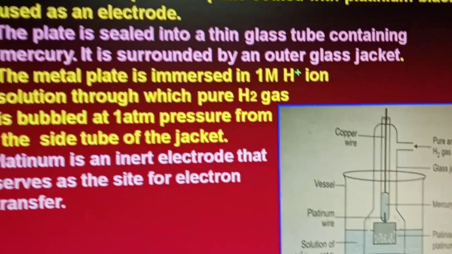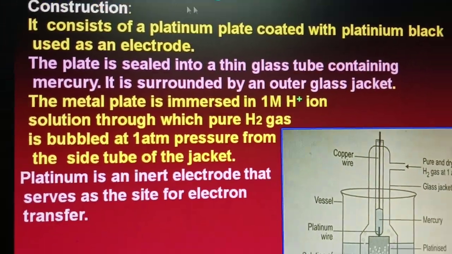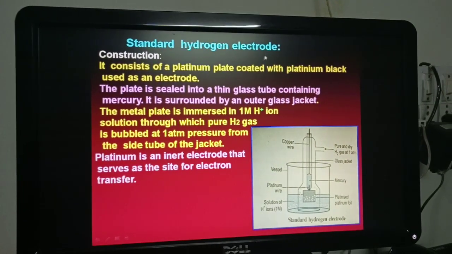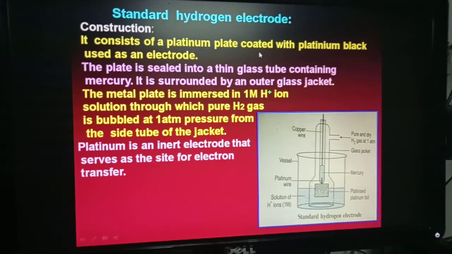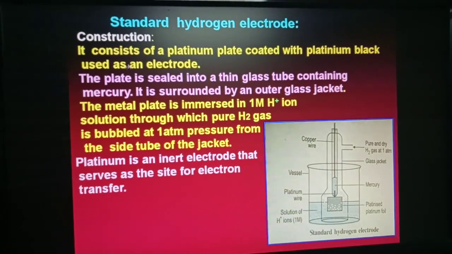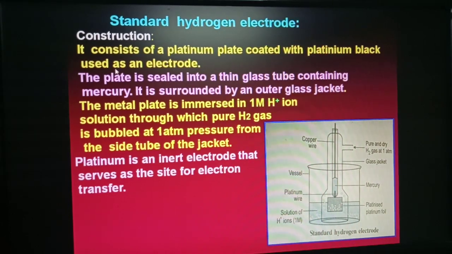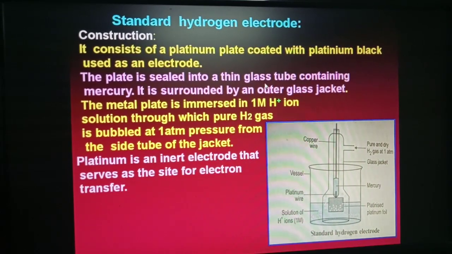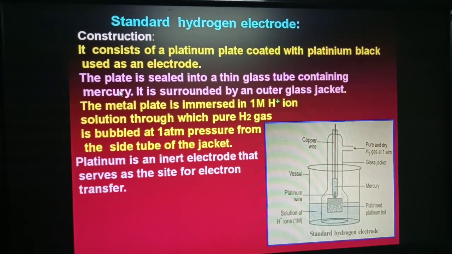So the same construction you can find over here. Hydrogen electrode, that is SHE, standard hydrogen electrode, consists of a platinum plate coated with platinum black, which serves as an electrode. The plate is sealed into a thin glass tube containing mercury.